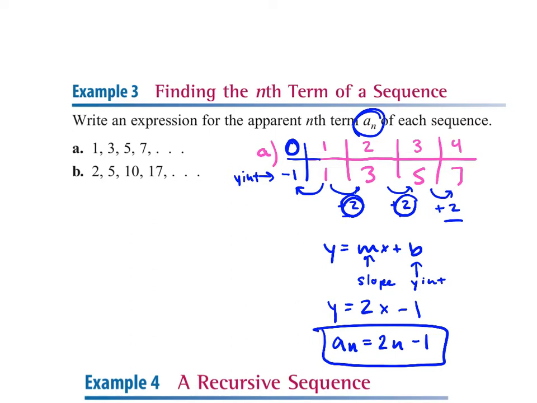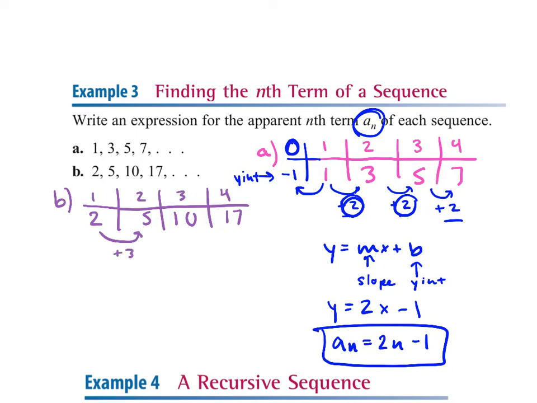Let's look at B. So here we have 2, 5, 10, 17. So our first term, second term, third term, fourth term. What do we have to increase by to go from 2 to 5? 3.